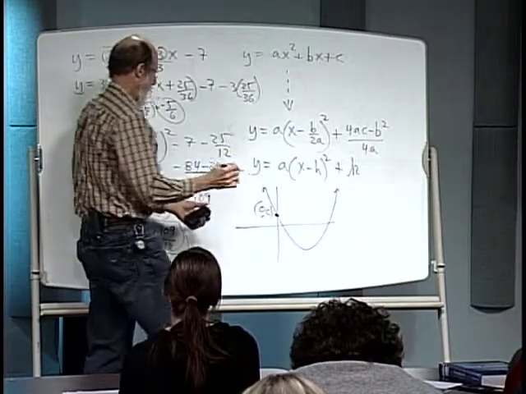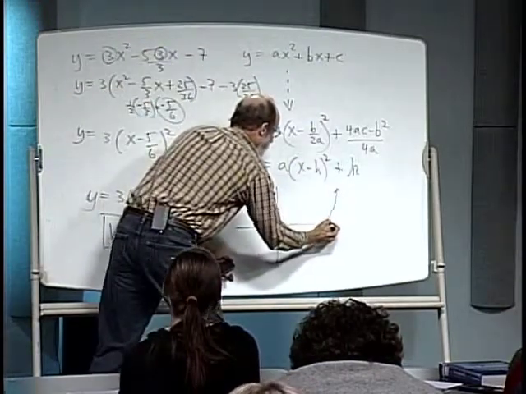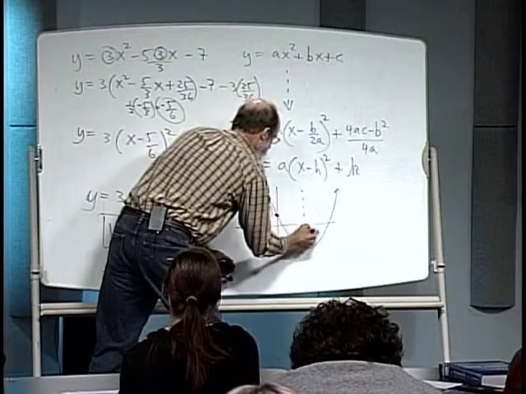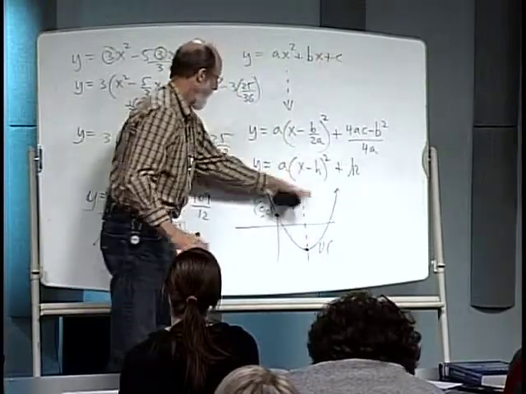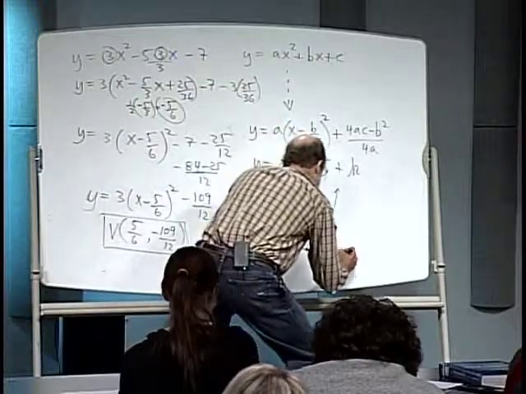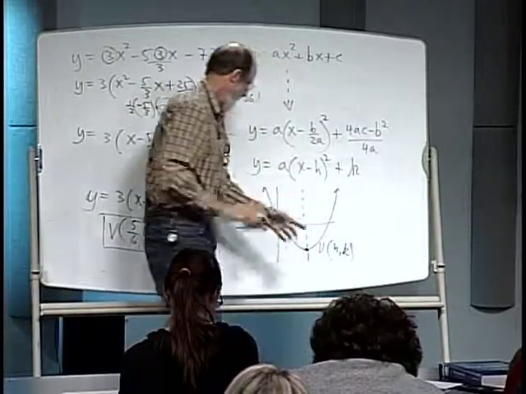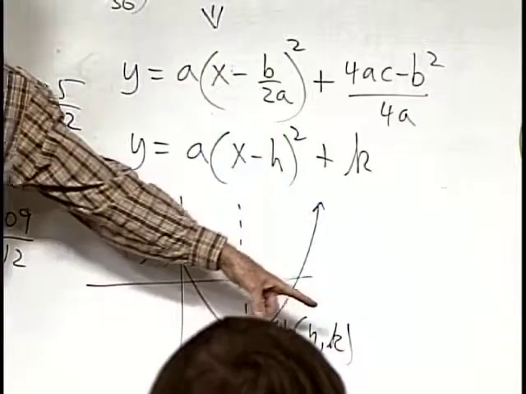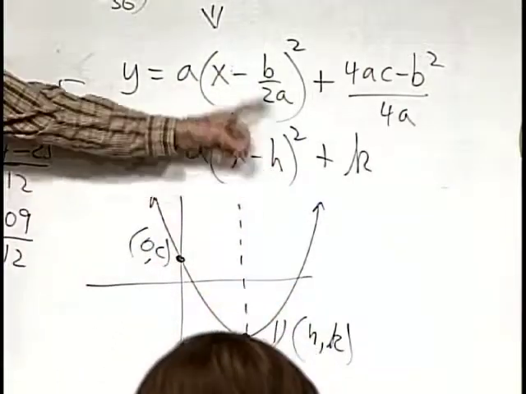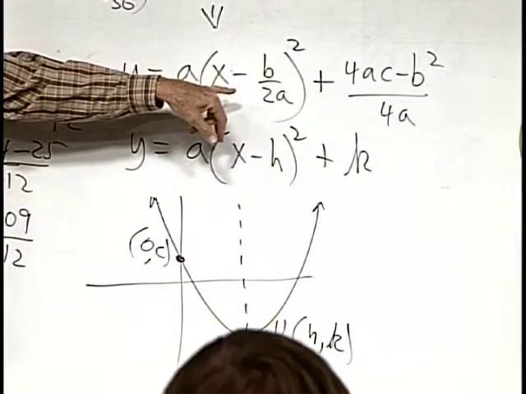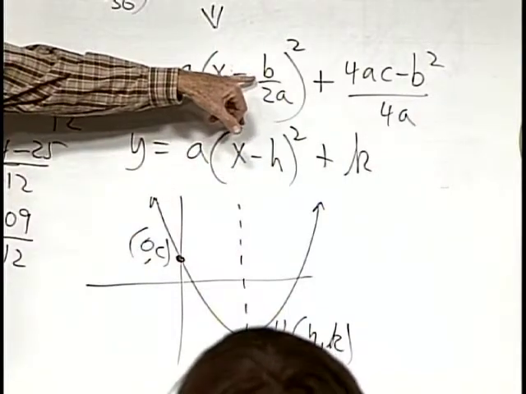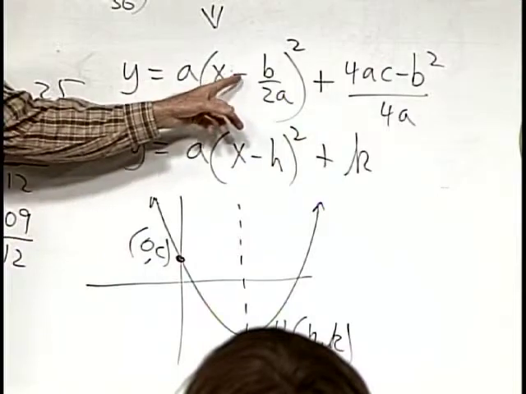And I could label this vertex at H, K, couldn't I? Vertex at H, K. And H would be, actually, I think that should be a plus sign right there.